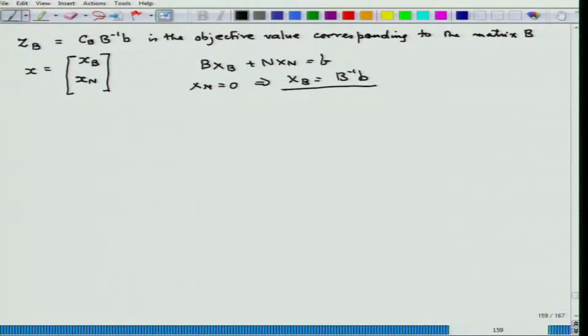We are not writing CB transpose because that is taken to be a row vector.